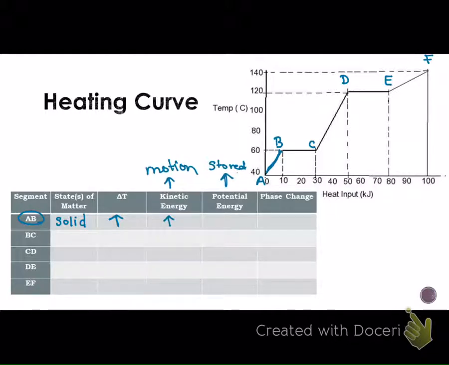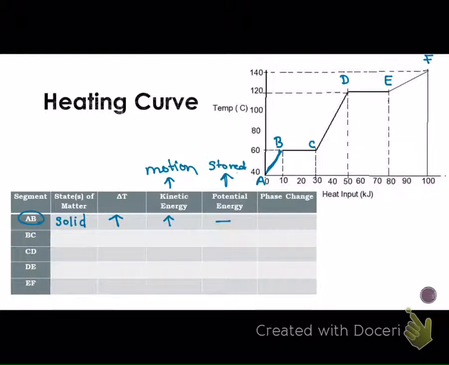So wherever the temperature is increasing, that means motion energy is going to increase. At this time, as it's heating, it's not storing any of that energy. It's using all of it to just increase the temperature. And when we measure that increase in temperature, it's because we are increasing motion energy. So I'm just going to draw a dash here to indicate there is no change in the stored energy.